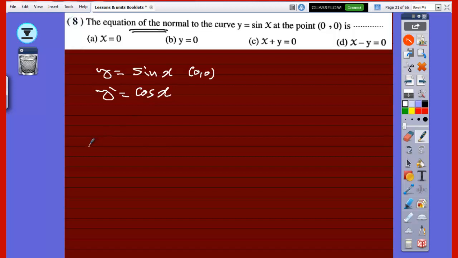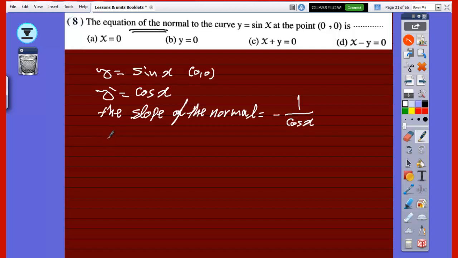Okay, the slope of the tangent equals cosine x, and the slope of the normal equals negative 1 over cosine x.